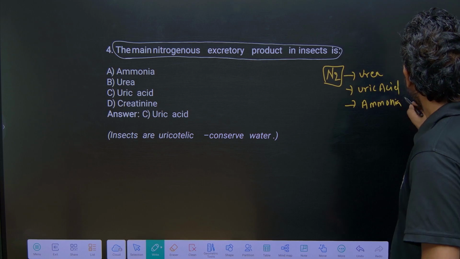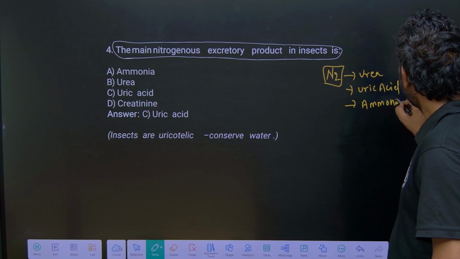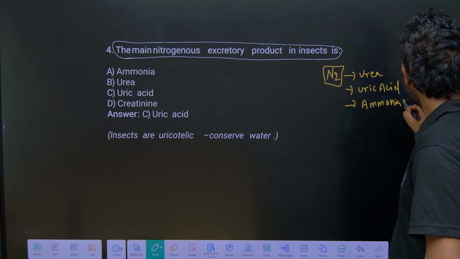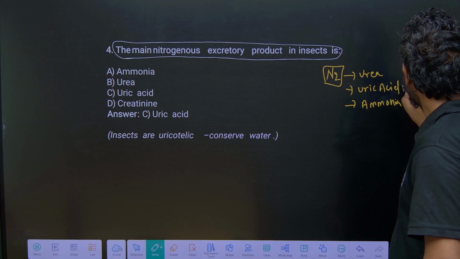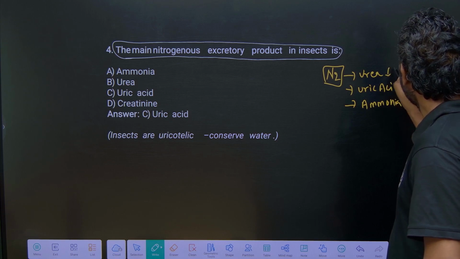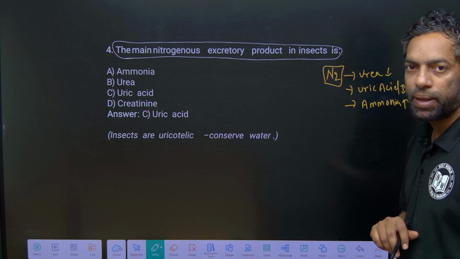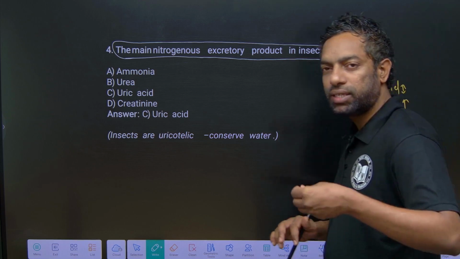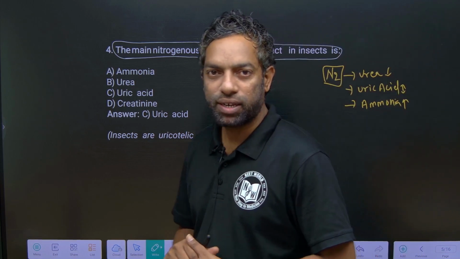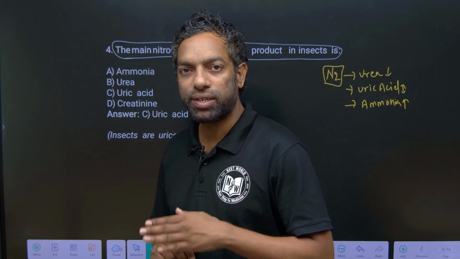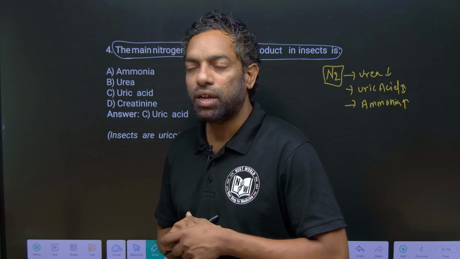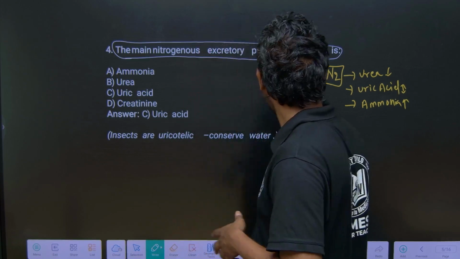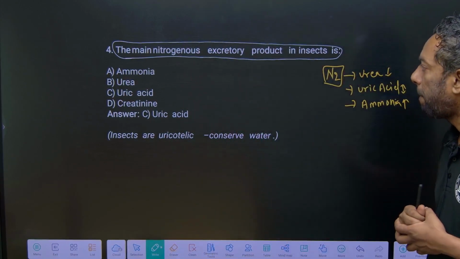So, this is the toxicity level. Ammonia is the highest toxicity level. Uric acid is moderate toxicity level. Urea is very low toxicity level. Based on that, ammonia is the most toxic. After that, uric acid, then urea. Urea is the least toxic compared with ammonia.